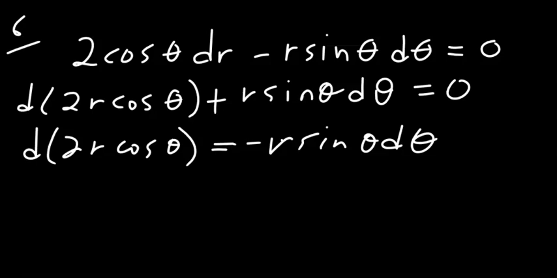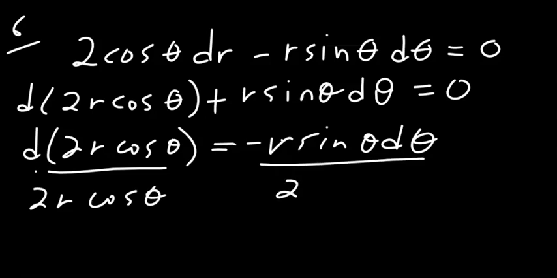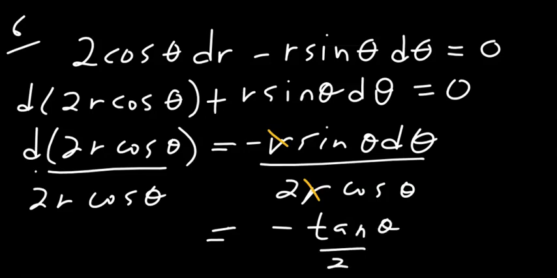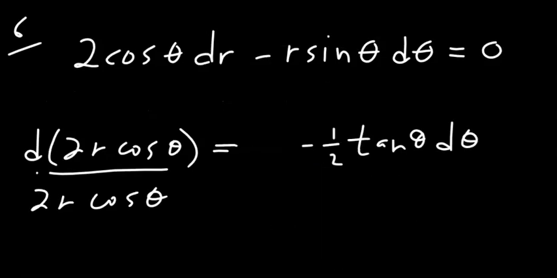Now let's divide both sides by 2r cosine theta. You see the right-hand side will be free of r, and it is just minus tangent theta over 2 d theta. Now we can readily integrate both sides.